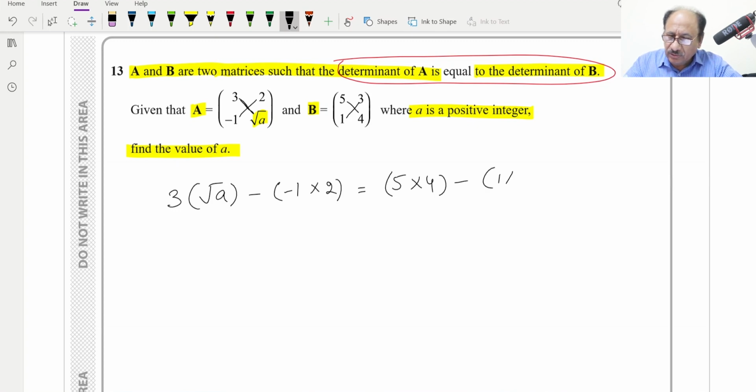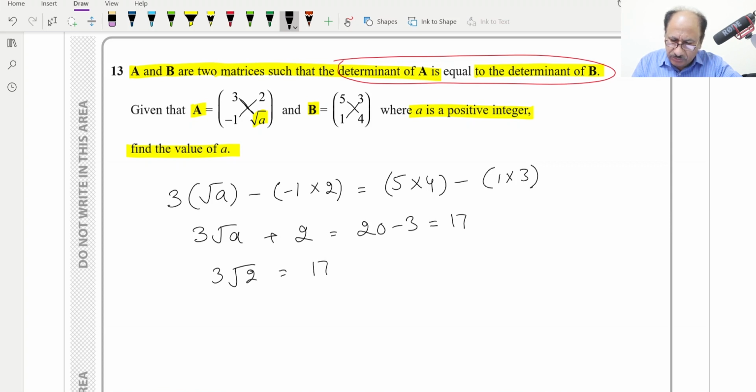Now we can simplify: 3 under root a plus 2 is equal to 20 minus 3, which is equal to 17. So 3 under root a is equal to 17 minus 2, which is equal to 15.